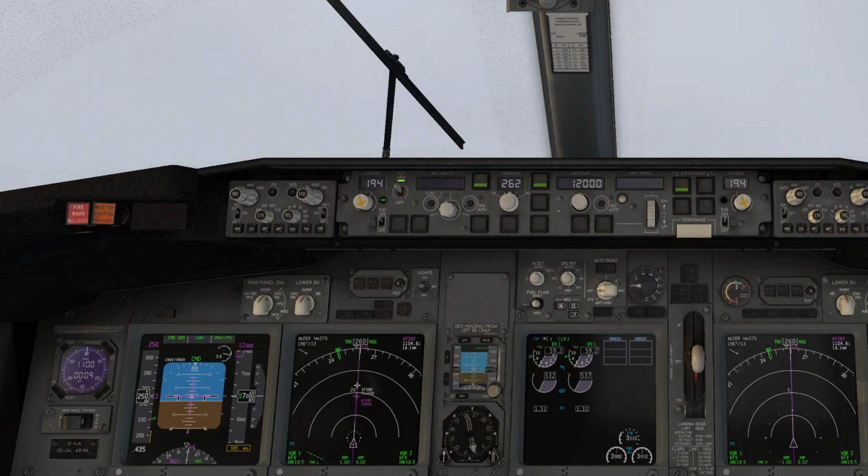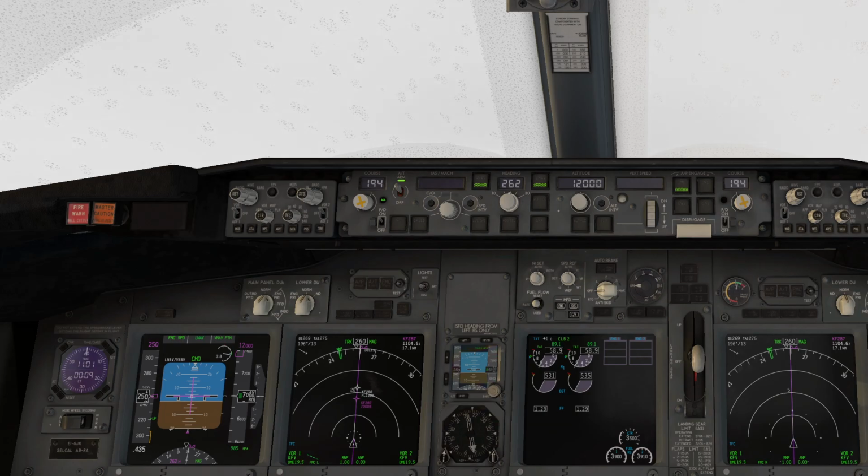So we are on the FMC speed. LNAV is engaged, VNAV path is engaged, so we are meeting the altitude constraint. So we stay at flight level 70 until the waypoint, and then we climb to flight level 120.